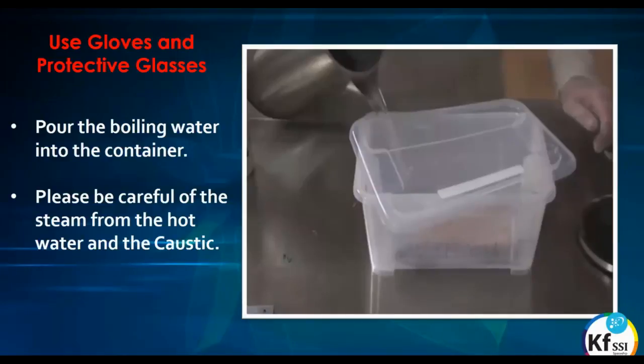So that all depends on the size of your box and the size of your parts that you're wanting to nano layer. But here you have to be very careful when you pour your boiling water in the container, because you're going to get hot steam from your hot water as well as from the caustic. So at this stage, be very careful, and also not to breathe any of the fumes coming off.